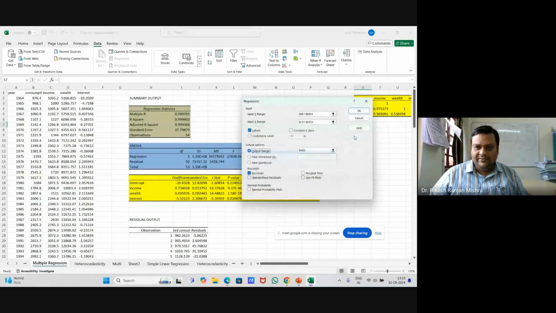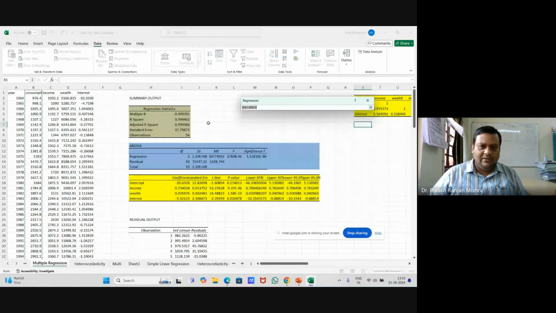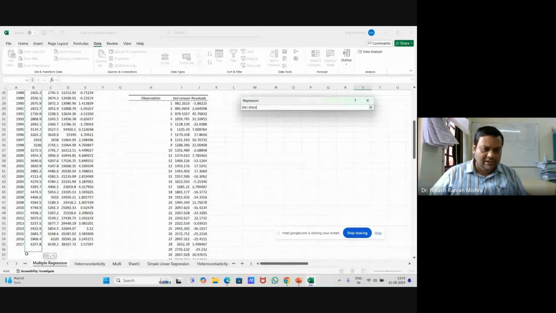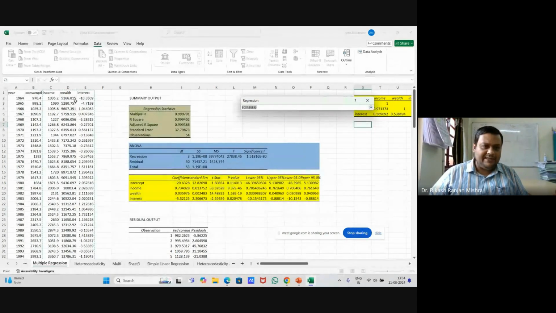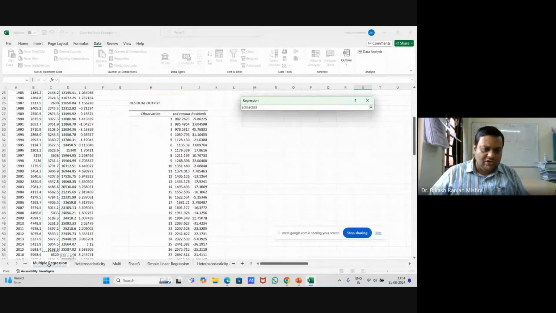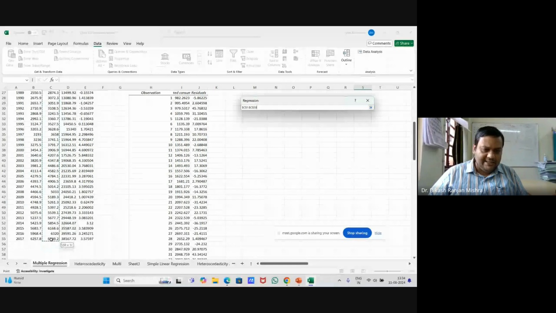Let us repeat the regression, but it is a simple regression analysis. Let us do the simple regression analysis 3 times, because there are 3 independent variables. First, the simple regression analysis for consumption and income only.